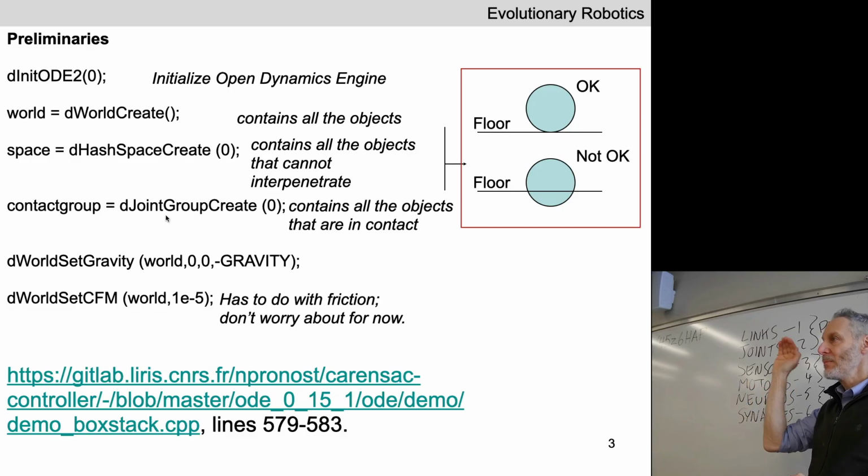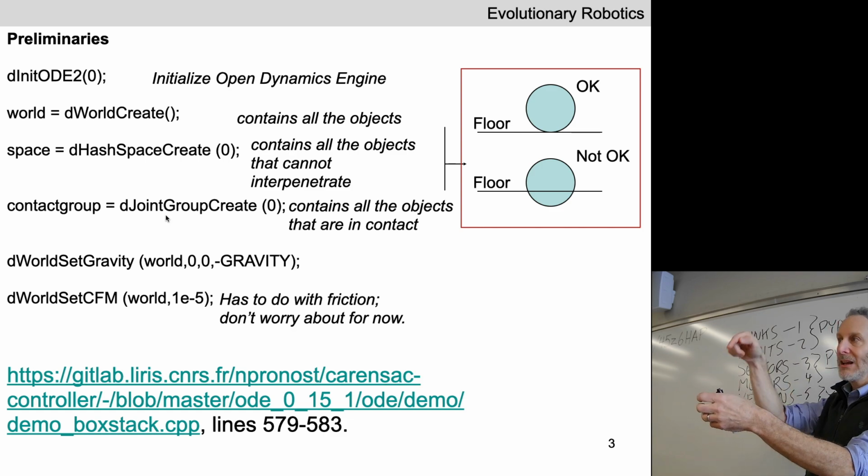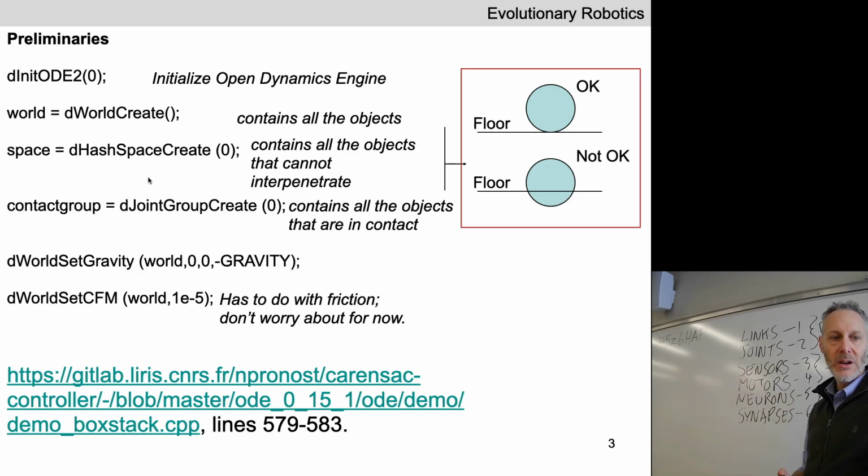Every time step of the simulation, the simulator would look inside that bucket, and if there were object pairs that were in contact with one another, the physics engine would add a force pushing them apart. Okay. You are then free to set various aspects of your world.